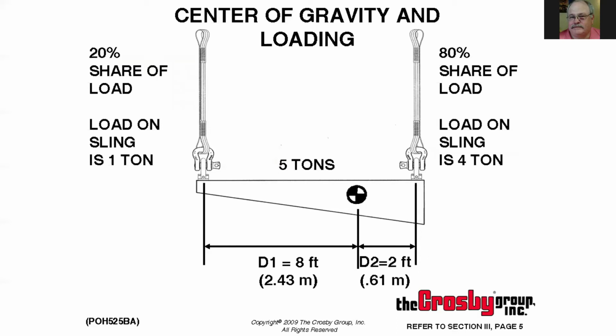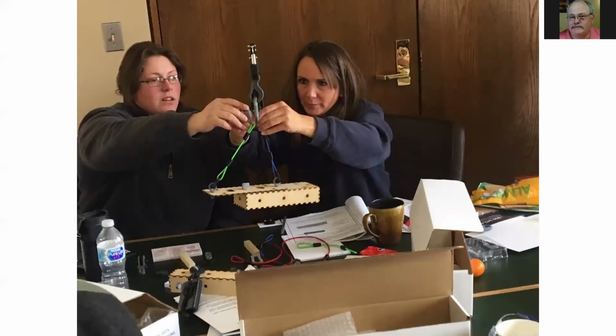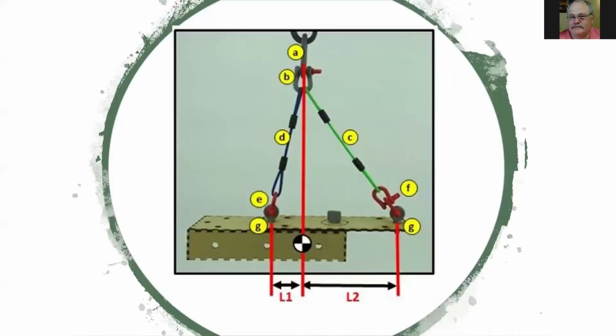So as part of our classroom, we have these little boxes. And again, now we can do calculations and determine what share of the load is on each sling, and then also what the angular forces are on the sling.